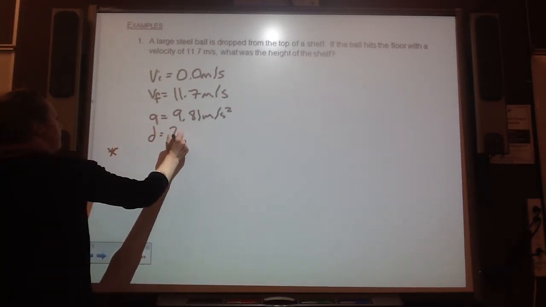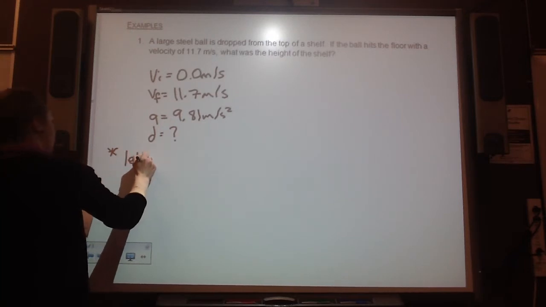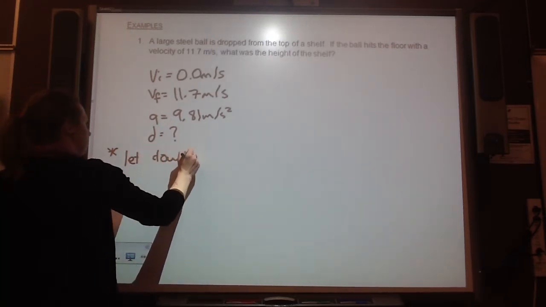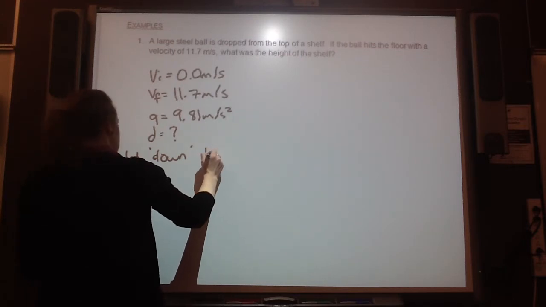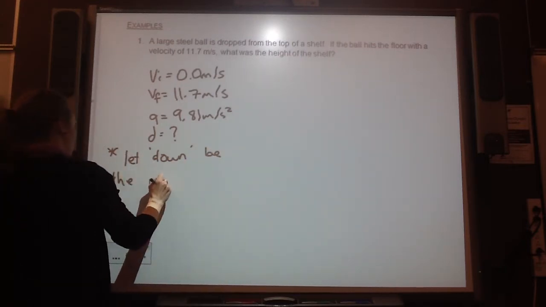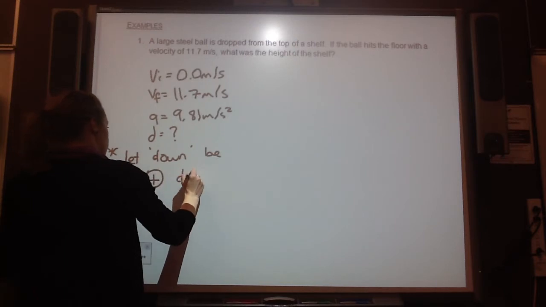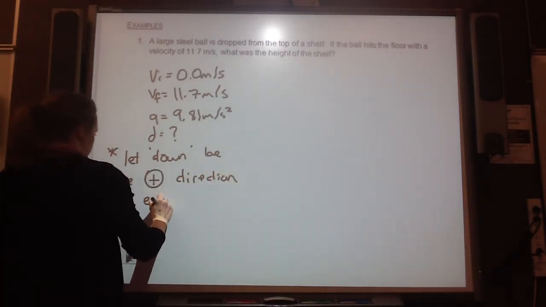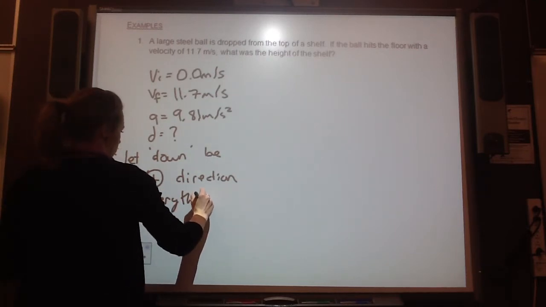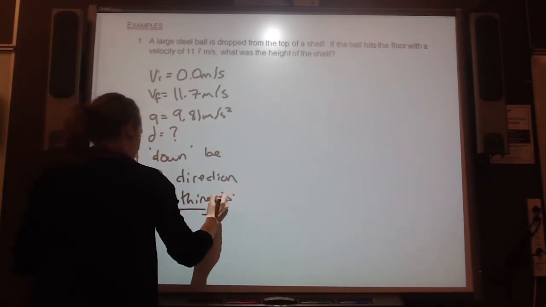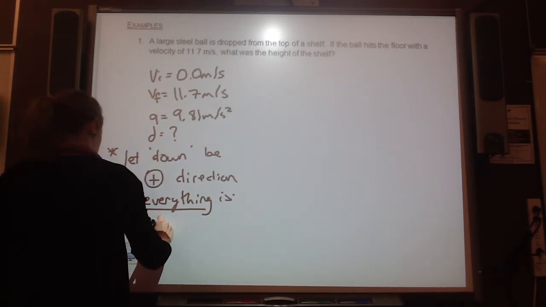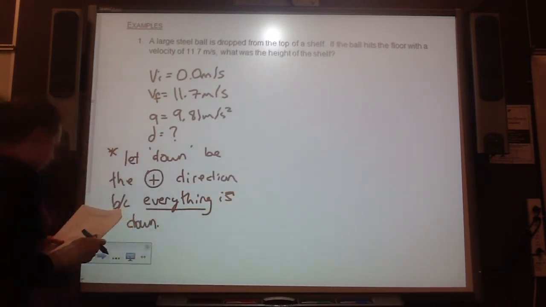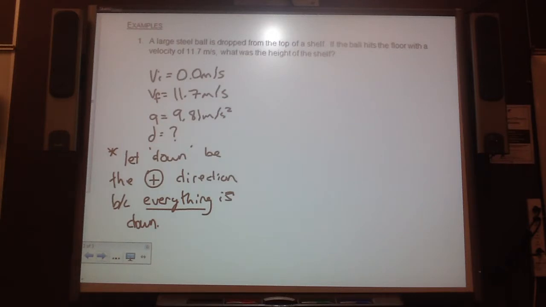Oh, and we're trying to find D. So star, let down be the positive direction, because everything in this question is down. Again, it wouldn't be incorrect if you did so, it would work out.